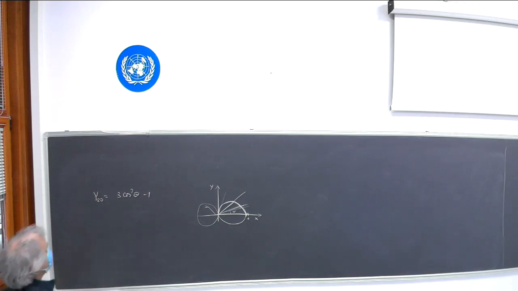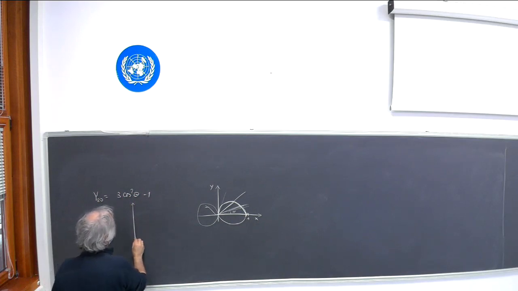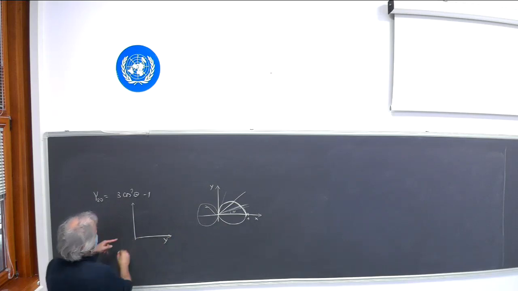Good. So let's try to do it. If I do it, for instance, this is the y. Don't worry about the x. It will be symmetric around the z-axis.